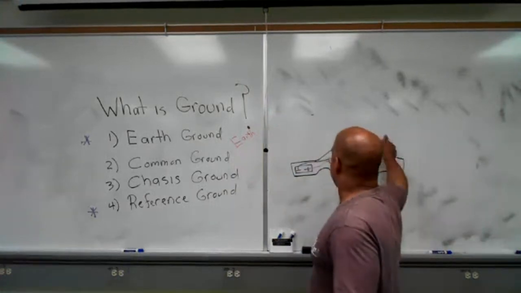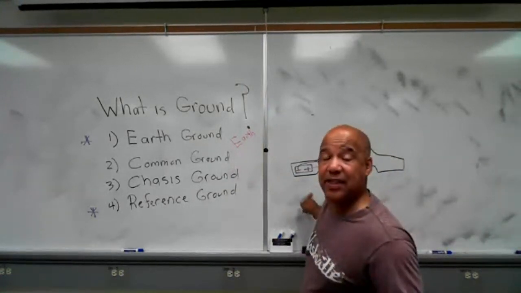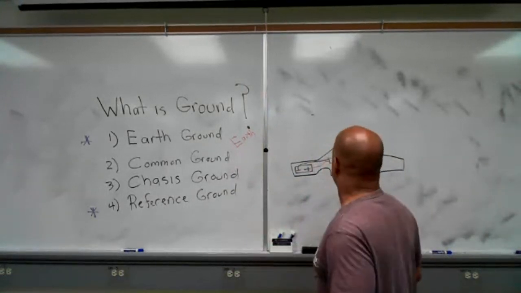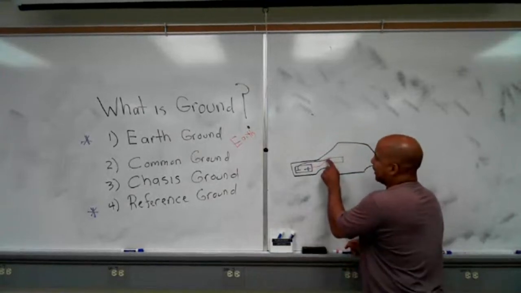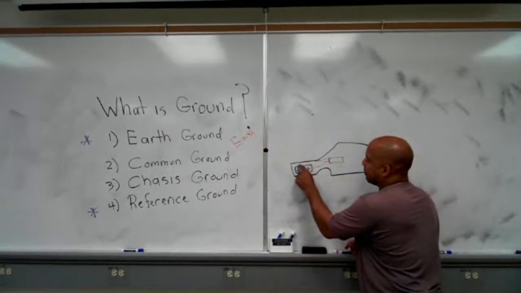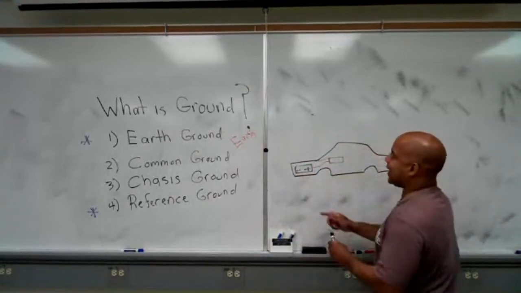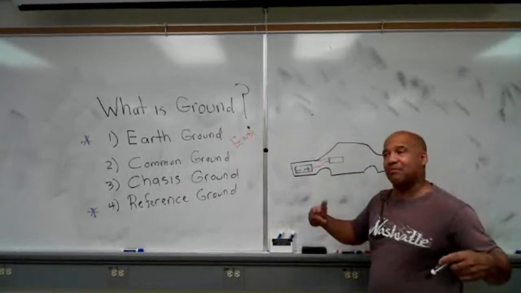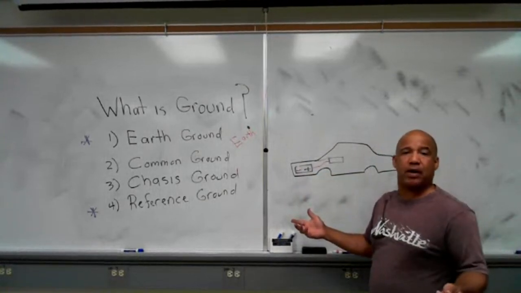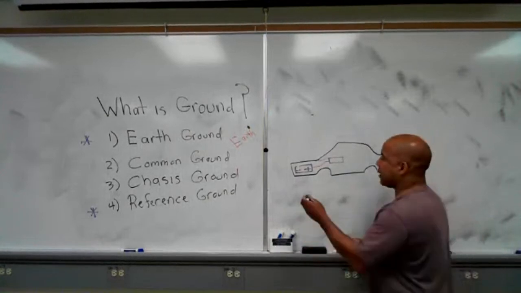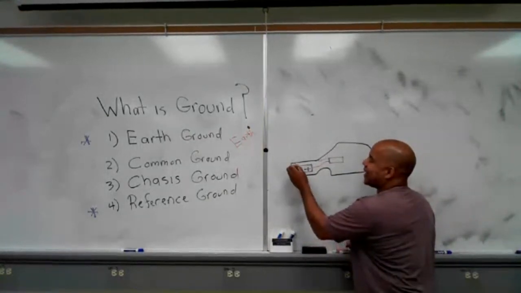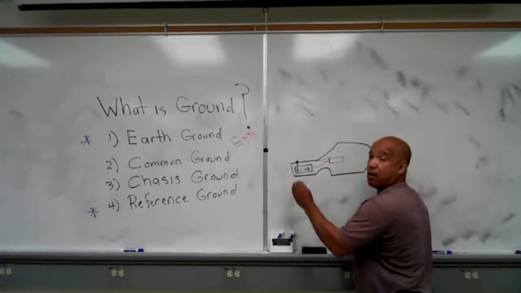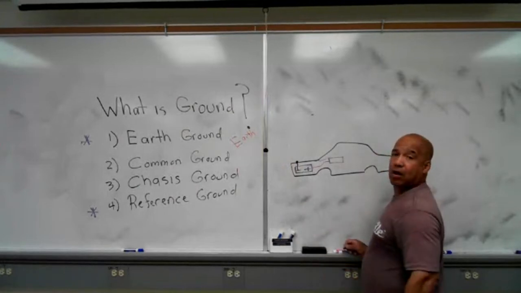Since the car body itself, the chassis, is metal, why don't we do this? Why don't we just eliminate one of these wires, take the negative lead, or you can use a positive lead, it doesn't matter. In America, and now most places everywhere, they take the negative lead of the battery and tie that to the metal body of the car, the chassis of the car.